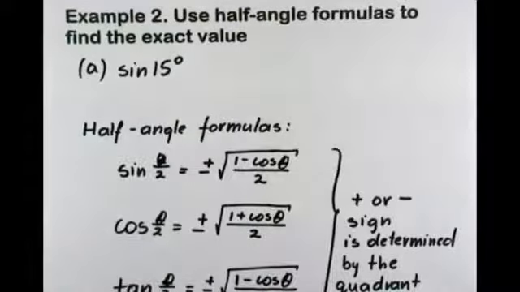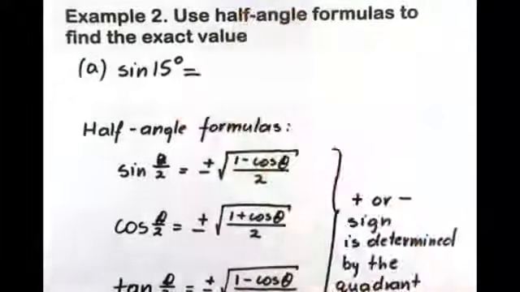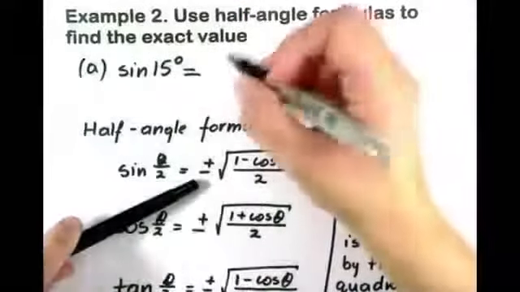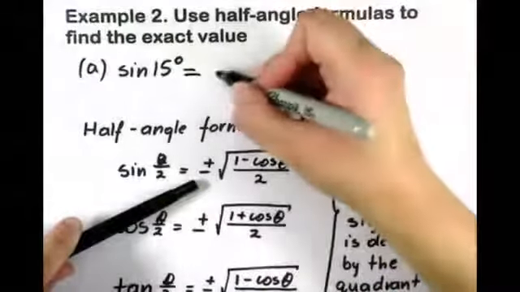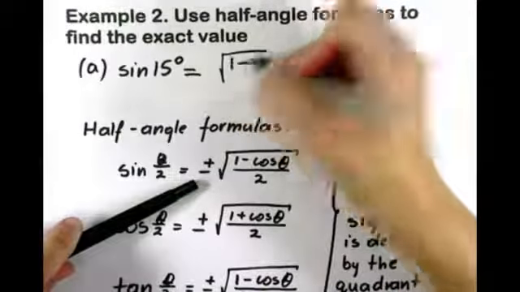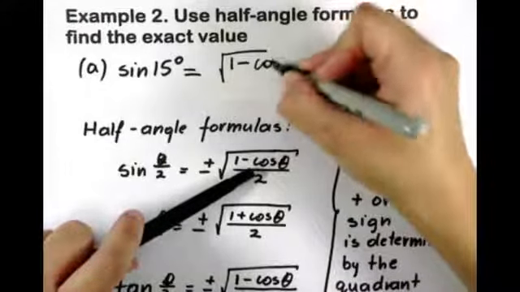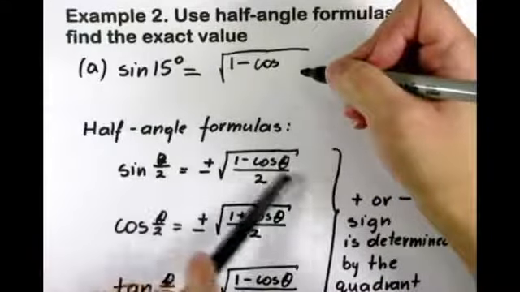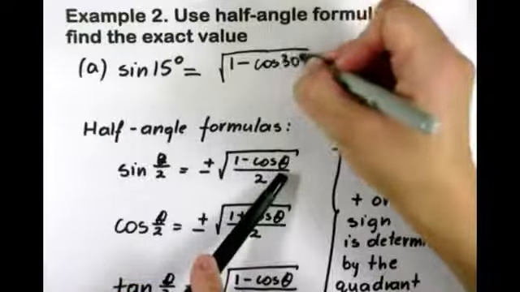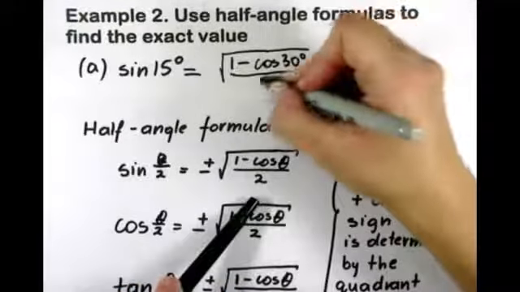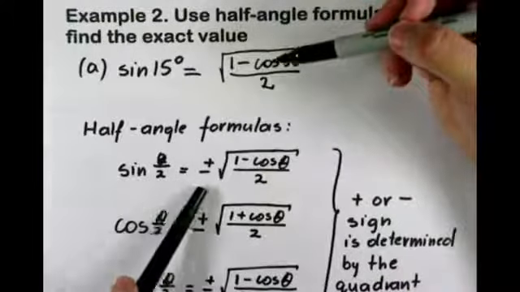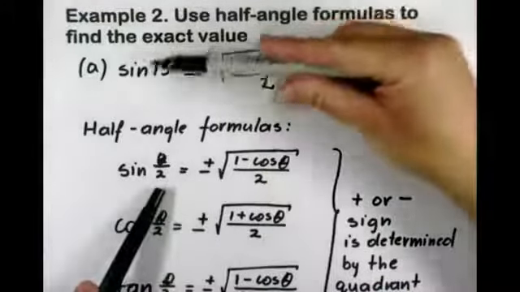So in that case, sine 15 is equal to, in the formula we have plus minus, we will talk about plus minus in a minute, and then I have square root of 1 minus cos of my whole angle. Half is 15, what is my whole angle? It's 30, over 2.